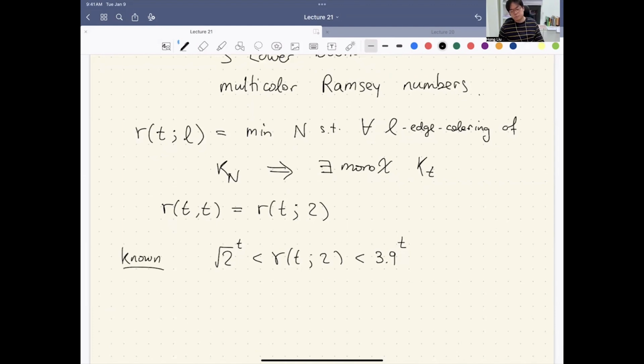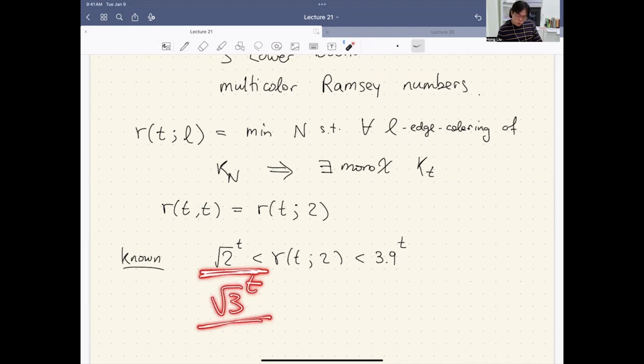For a while there was no improvement over this, no exponential improvement. And for a while, for the three-color one, there was no improvement over this trivial bound, square root 3 to the t, until this recent work by Conlon and Ferber, who improved this three-color and all larger numbers of colors.